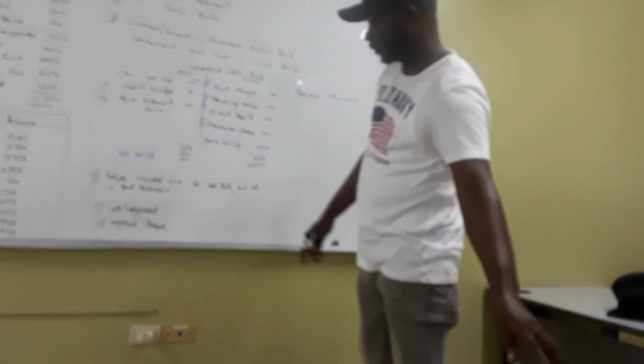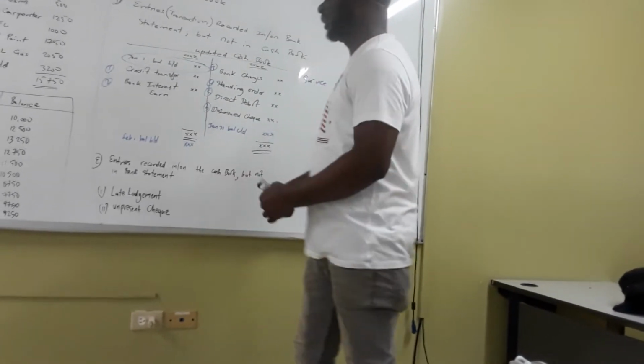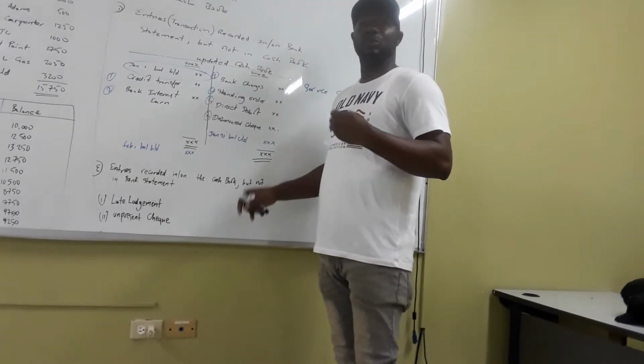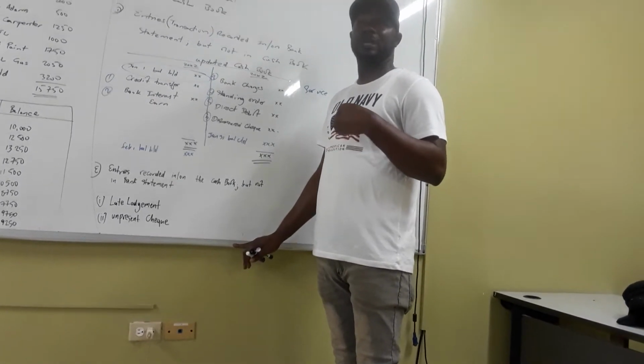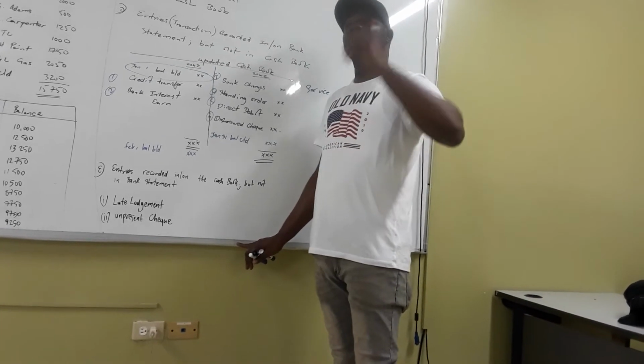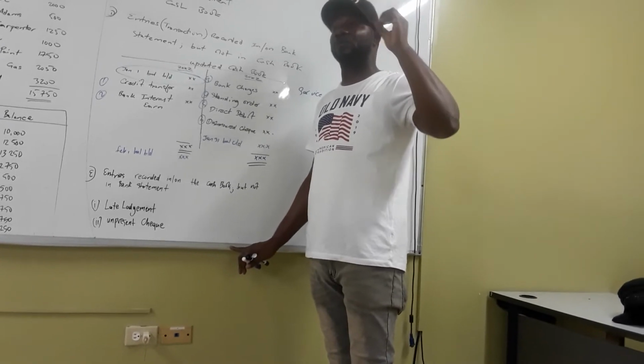Now let us take late lodgement. Late lodgement, by definition, is looking at checks or money that the account holder would have received, but they would have done one of two things.